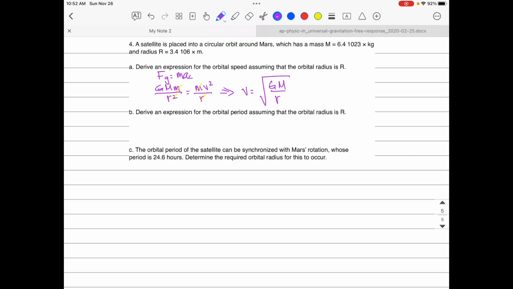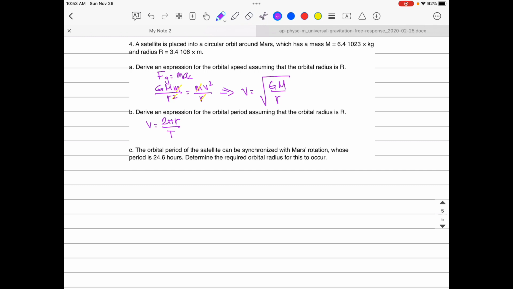Derive an expression for the orbital period. The orbital period is the fact that velocity is equal to 2 pi r over period, which is a full circular rotation over the time it takes for one rotation. But we have to isolate the period.